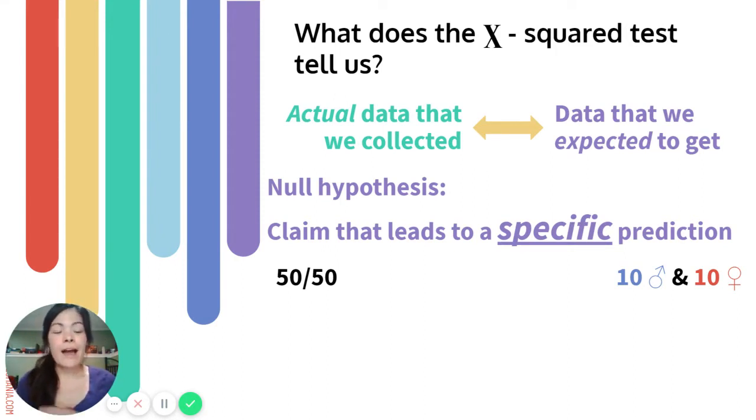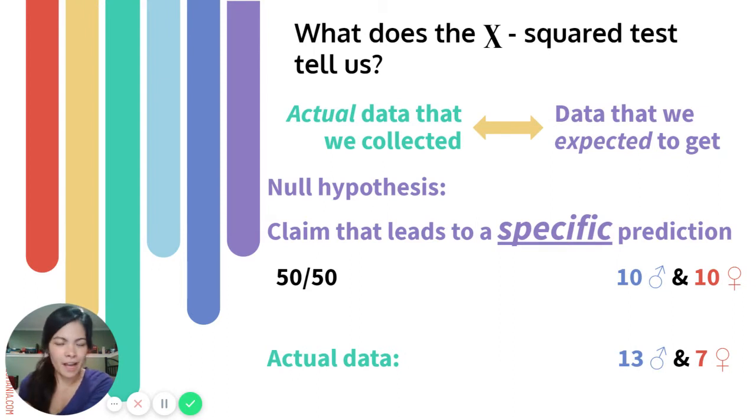If we actually did that experiment, actually did that study, sampled 20 people, let's say that we actually got the results 13 men and 7 women. I know we just ran through a bunch of hypothetical results we could have gotten. Let's say this is the actual data that we collected, 13 men and 7 women.